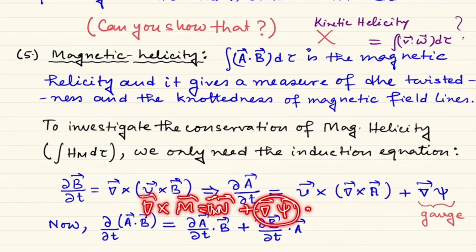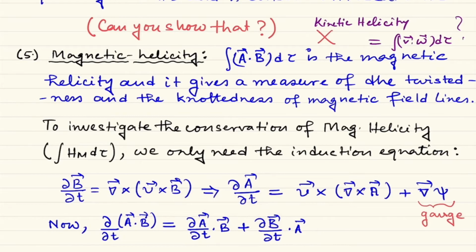Because curl of grad is 0, that's why we have written del A del T equal to V cross curl of A plus an arbitrary gradient of some scalar phi. So this is a gauge basically. In case you don't know what gauge is, do not worry much. For our current framework, this is an arbitrary quantity which comes because, from here to reach here, we used the equality under a curl.